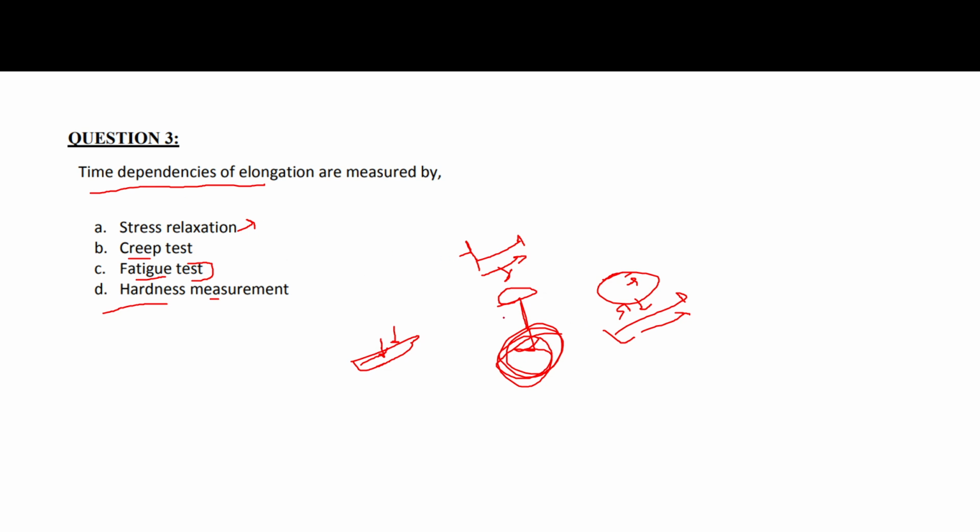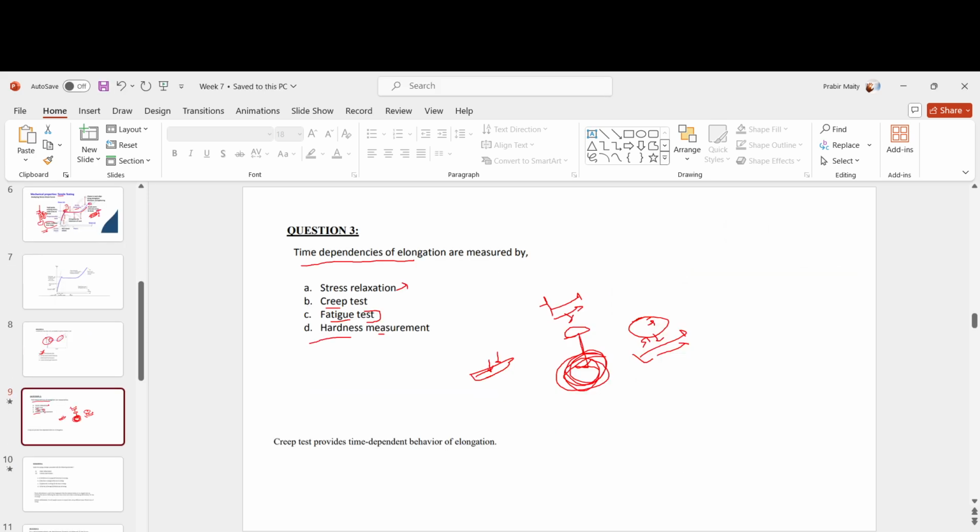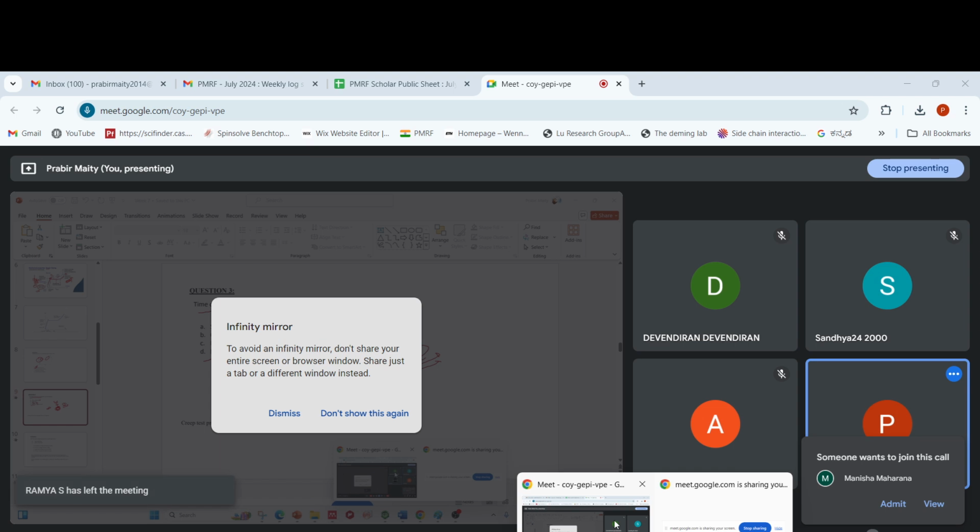That test is the creep test, where we apply some constant load, and during this constant load we see how your material behaves. So this test is given by the creep measurement.